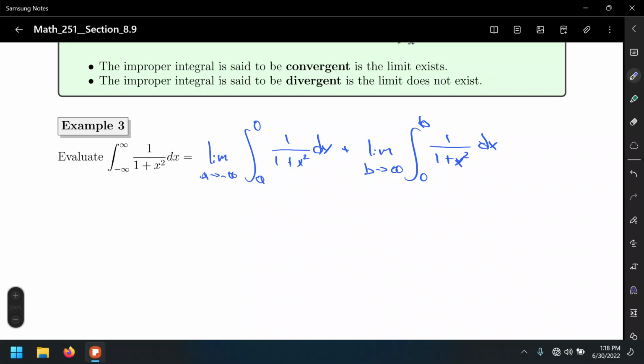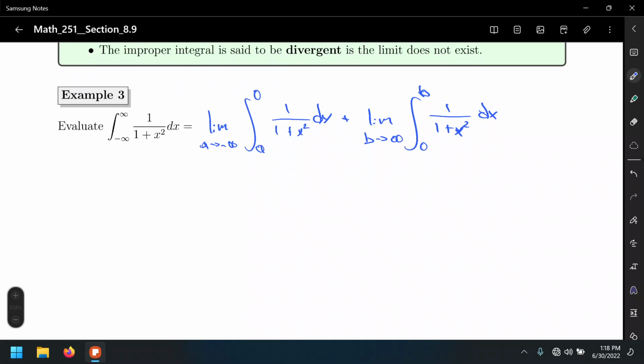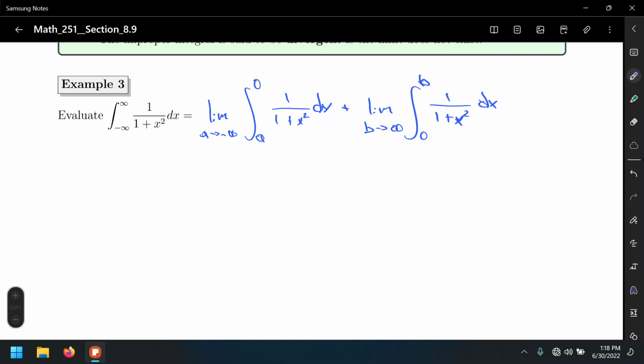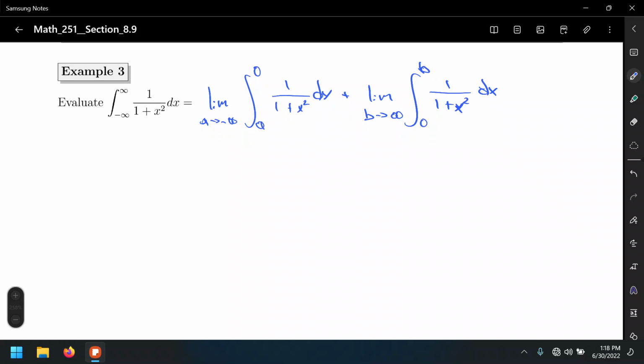Well, in this case we can just go directly to the arctan. There's really no need to show the u du, because what's u? That's x. The derivative of x is 1. Do we really need to show that? For something this simple, it's fine. So let's go ahead: the limit as a approaches negative infinity of arctan of x from a to 0.